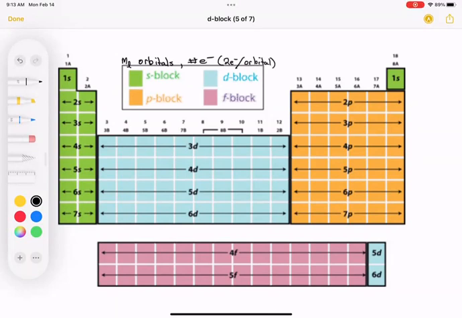Okay. So on the left-hand side, except for helium, helium's the oddball, it does belong on the left-hand side, what you will see is the S subshell. From Friday's lecture, how many orbitals does an S subshell always have?